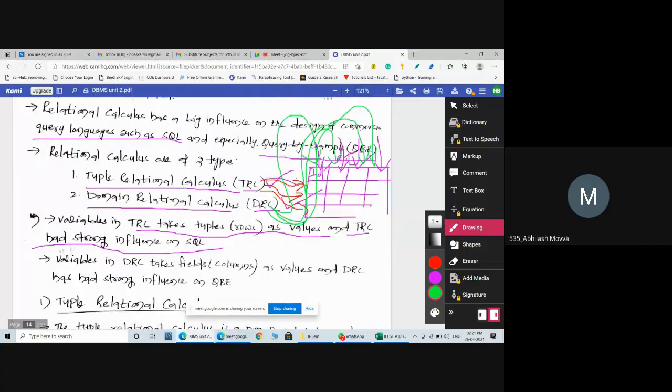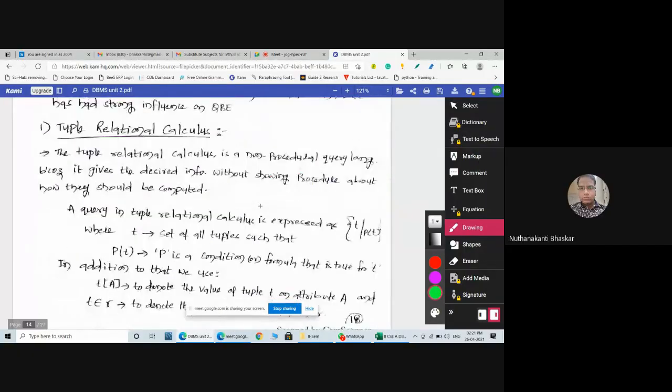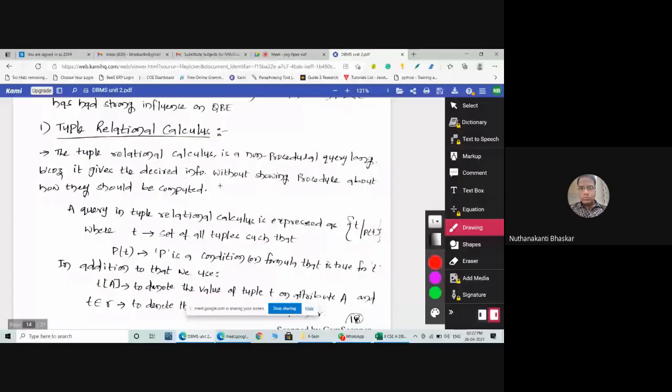Yes, sir. Now coming to the tuple relational calculus. Relational calculus has two categories: tuple relational calculus and domain relational calculus.